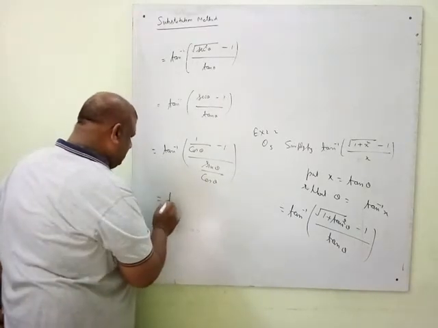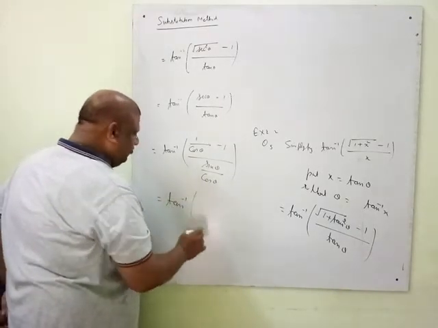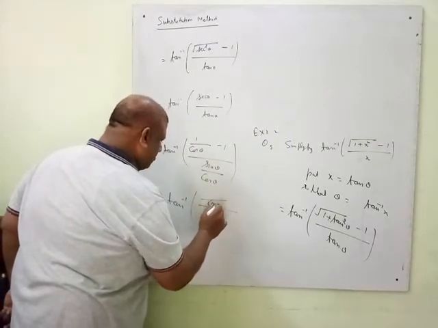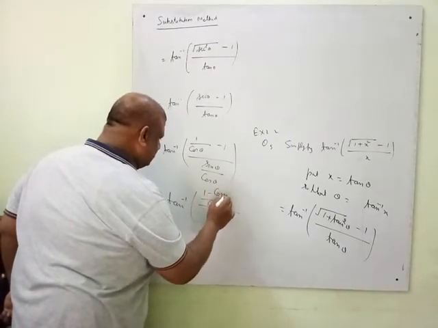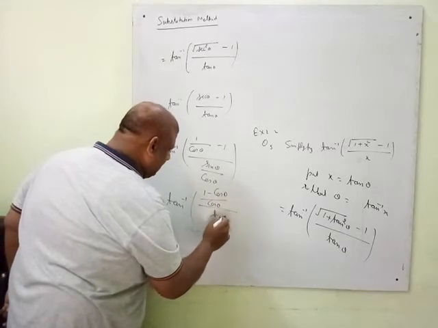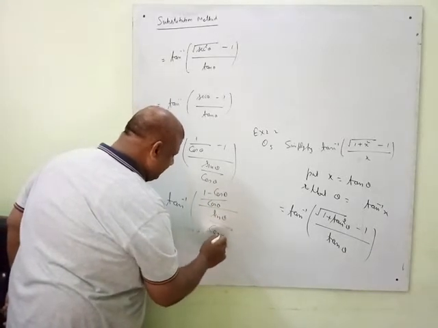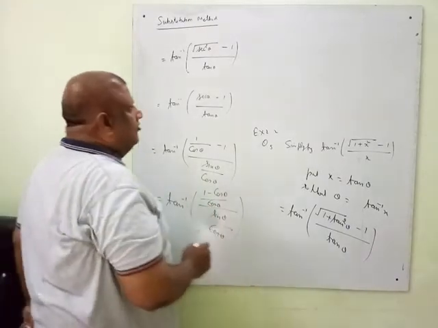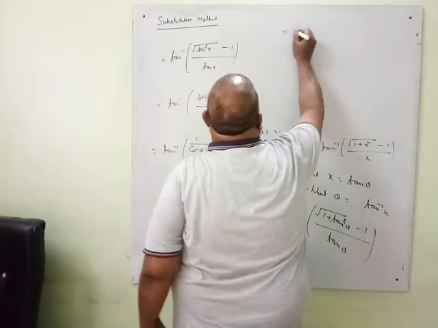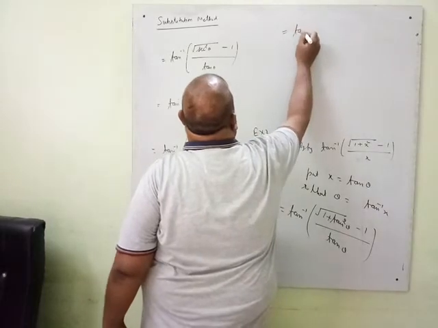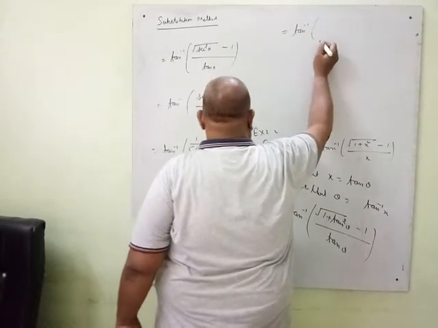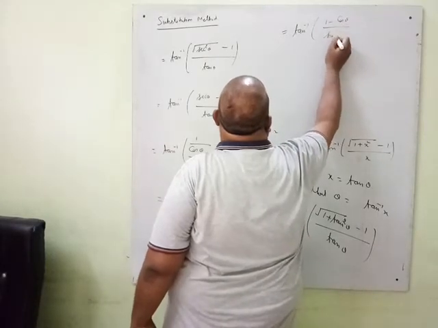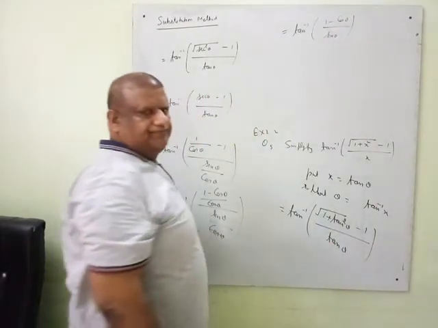Further, this is equal to taking LCM cos theta: 1 minus cos theta upon cos theta, over sin theta upon cos theta. This cos theta cancels, and we get tan inverse of 1 minus cos theta upon sin theta.